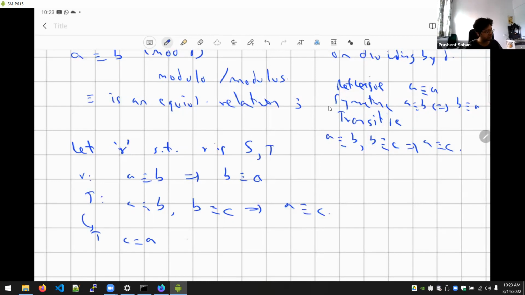Now the transitive property says that if A is congruent to B and B is congruent to A, then A is congruent to A. So it seems that if the relation is symmetric and transitive, automatically it has to satisfy the reflexive also. So every relation which is symmetric and transitive has to be reflexive.